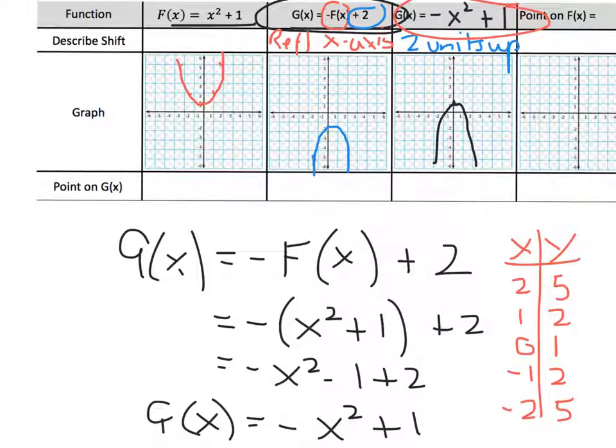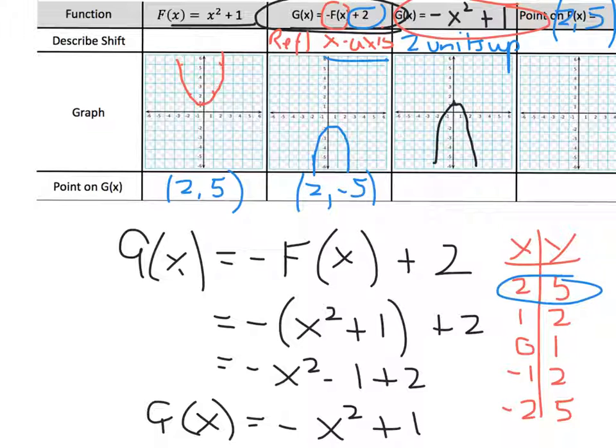So how can we prove it? Well, we've got a point. So we're going to take any of these points on xy. Let's take the point 2, 5. So that will be the point we choose up here on f of x, top right. 2, 5 we'll choose. So 2, 5, after a reflection in the x-axis here, that means that the y value gets multiplied by negative 1, and it becomes 2, negative 5.